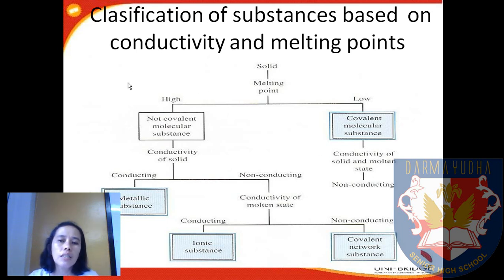Now let's take a look at solids that have a high melting point. If the solid can conduct electricity, it is a metallic substance. But if a solid cannot conduct electricity, it will be an ionic substance, and the one that cannot conduct electricity in a molten state is a covalent network substance.